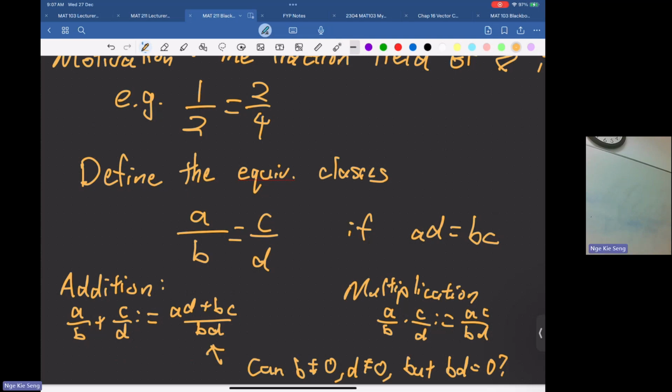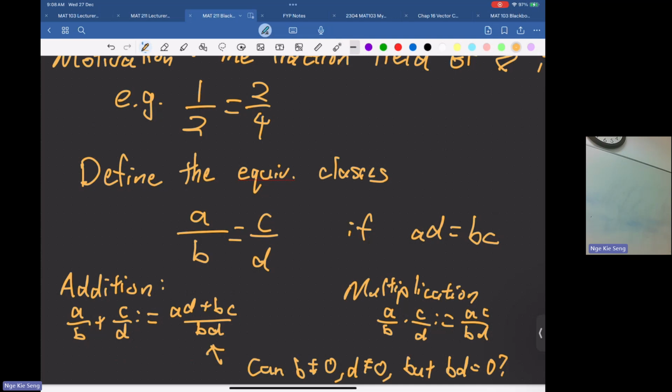No? In any ring, it cannot happen. You sure? Consider Z4. What are the non-zero things that multiply together to give 0? 2. 2 times 2 becomes 0 in Z4. In Z, surely you won't have this happen. But if I change my ring, in Z4, could this happen in general or not?